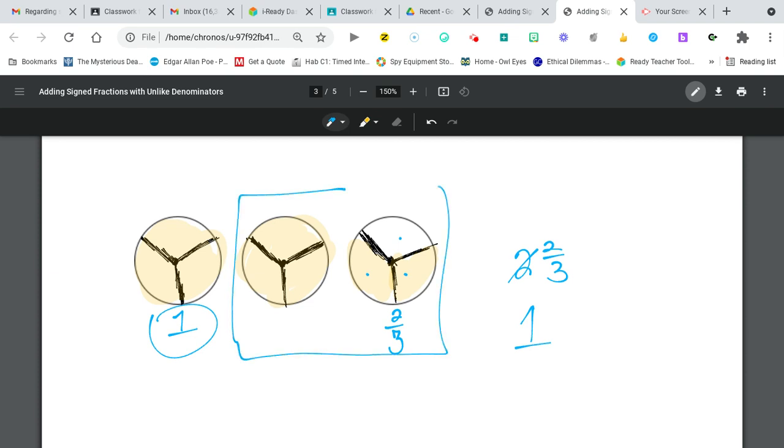And I'm going to take the whole that I borrowed, which in terms of thirds is 3 out of 3, and add it to the 2 out of 3 that I have. So 2 out of 3 added to the 3 out of 3, which is the whole I borrowed and put with this one. I'm putting these together. So 3 out of 3 plus 2 out of 3 makes 5 out of 3.